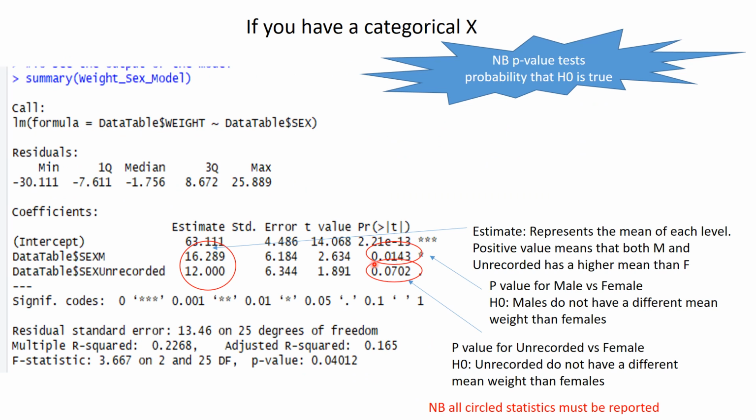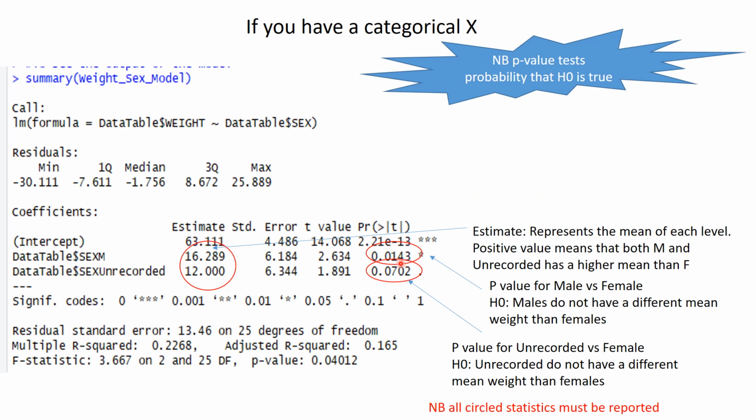In the second instance here, we are testing the null hypothesis that unrecorded individuals do not have a different mean weight to females, and in this case our p-value is larger than 0.05, so we cannot reject the null hypothesis.